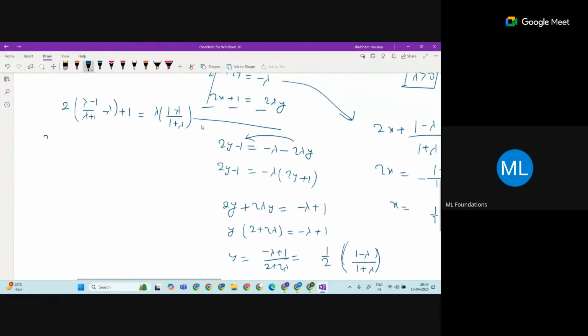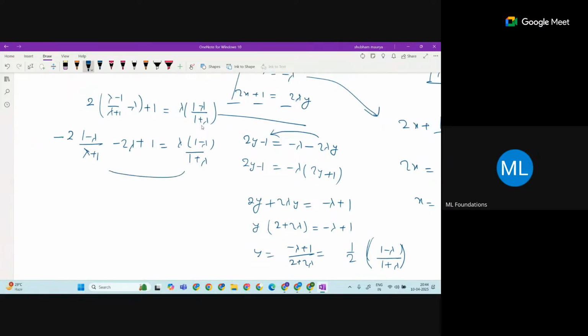Let me write it in this fashion. Minus (1 minus lambda)(lambda plus 1), and this is minus 2 lambda plus 1, and this is lambda (1 minus lambda) over lambda. I will send this to this side.